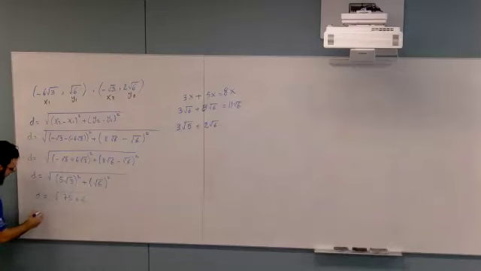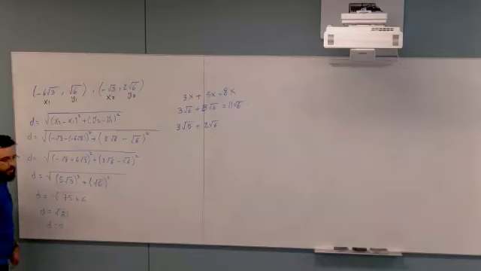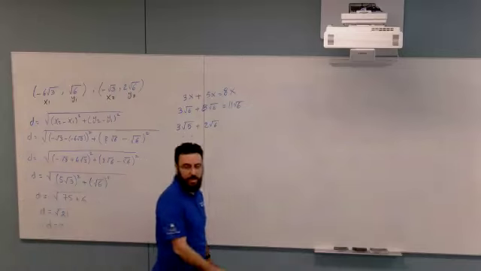Add these together: square root of 81. What's the square root of 81? It's 9. You got it?